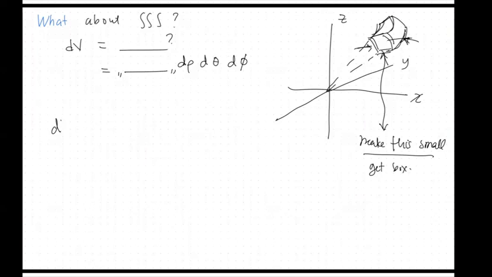Your dv, we will fix as rho squared sine phi. So this is the factor that you add, and then d rho, d theta, d phi. Sometimes you interchange these, but be careful also with interchanging the bounds in the innermost, the outer, and the second layer.